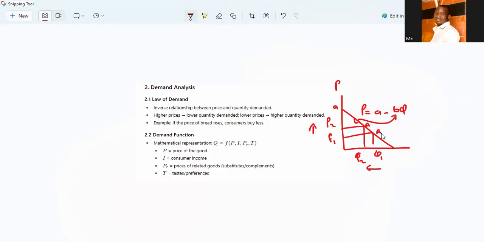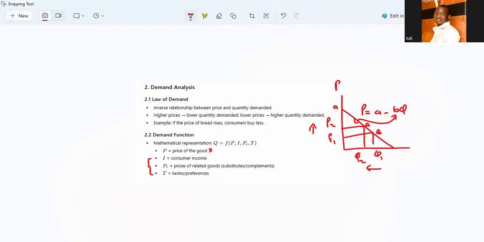This is only when the price of that particular good is affected. So if other factors like income, price of related goods, tastes, they all constitute a shift. A shift. Okay. So they all constitute a shift.